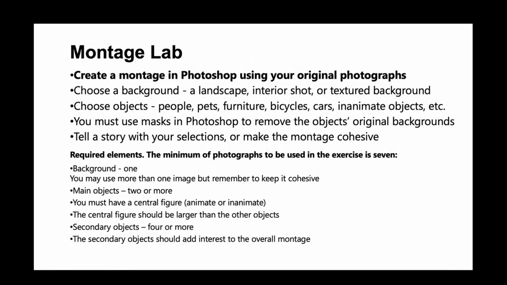So you can have a really big main object and a small main object, or a bunch of small objects and a main object. Anyway, that's up to you. But the central figure that you want to draw attention to should be bigger than the others. And then you can have four or more secondary objects. And those secondary objects should be interesting and adding to the story because you're telling a story.